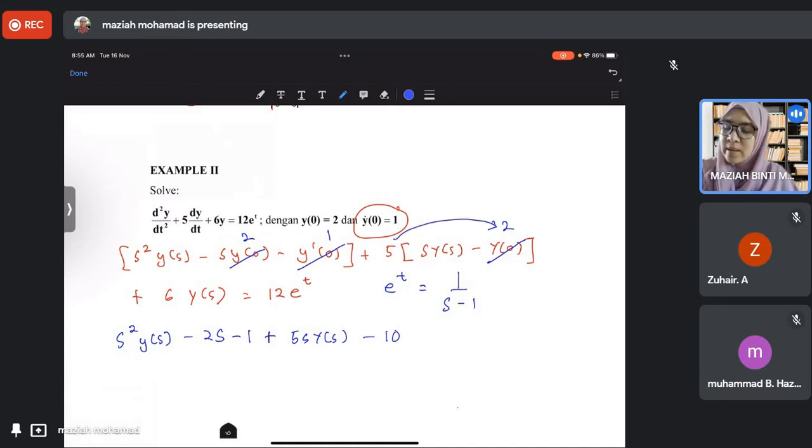Right, and then plus 6ys equal to 12 multiplied with 1 over s minus 1.